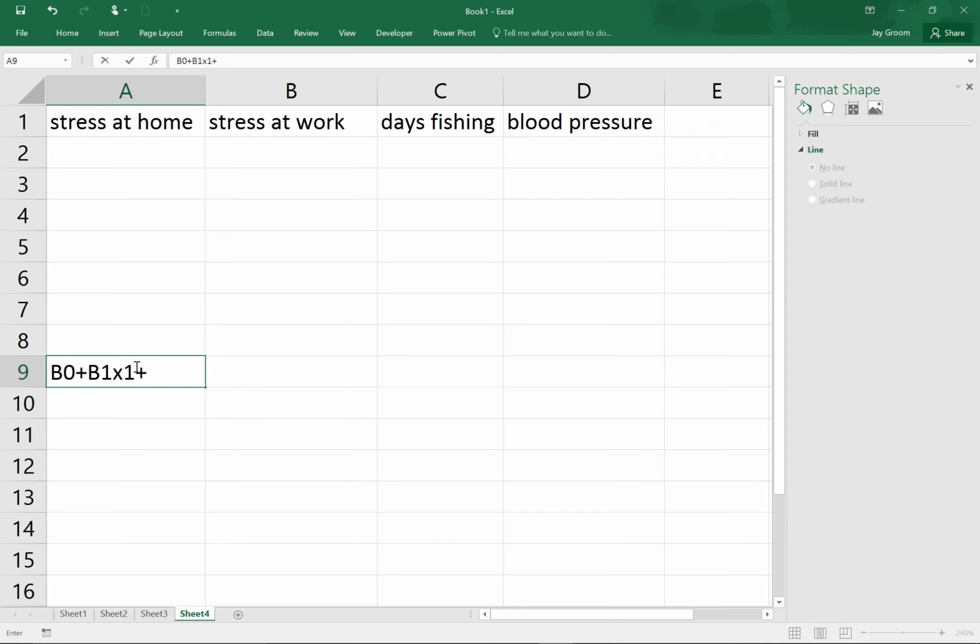And the stress at work, similarly. And then my guess, and I'm going to write it as plus, but I'm going to go out on a limb here and say that days spent fishing is going to have a negative effect on my blood pressure. That makes sense?